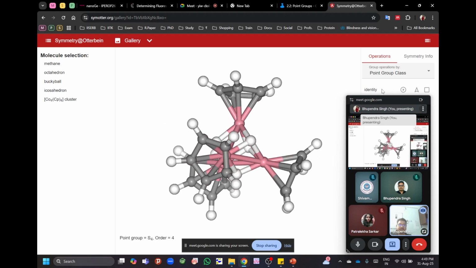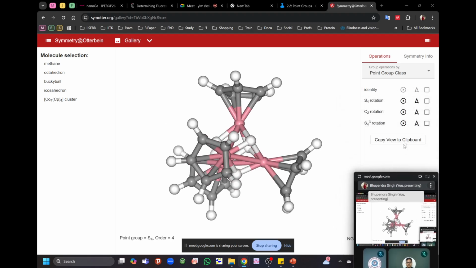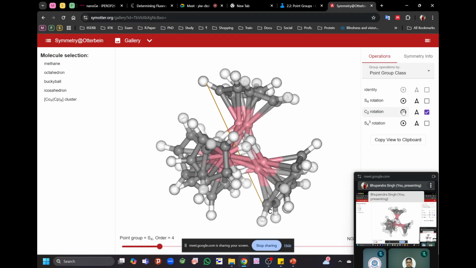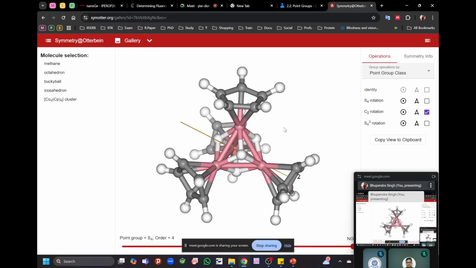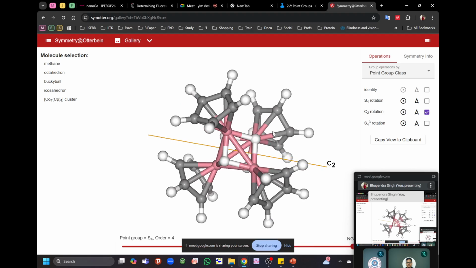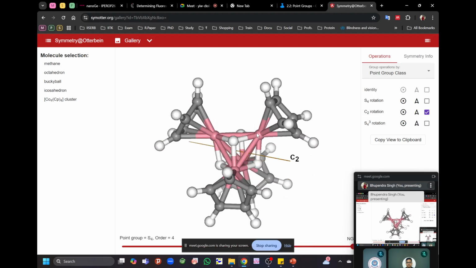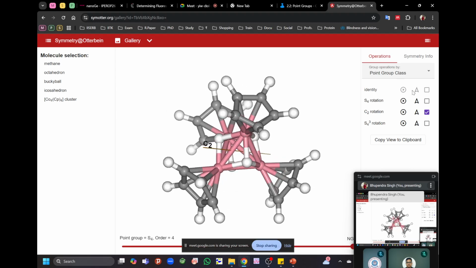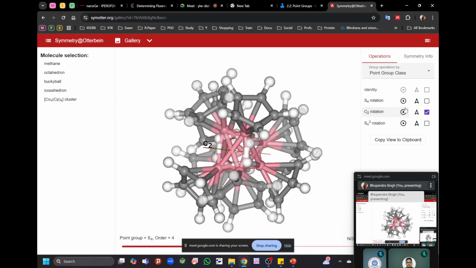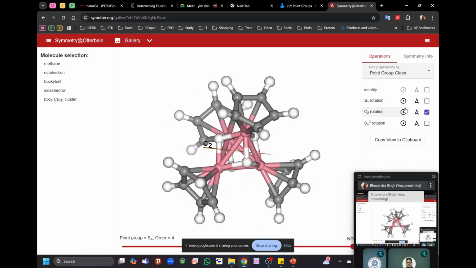Let's see. You are saying C2 is not present. Let's see. C2, see, C2 is present. How does it look? It is passing through the middle of the molecule like this. So C2 is present.